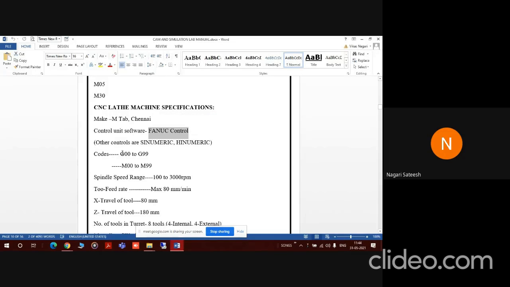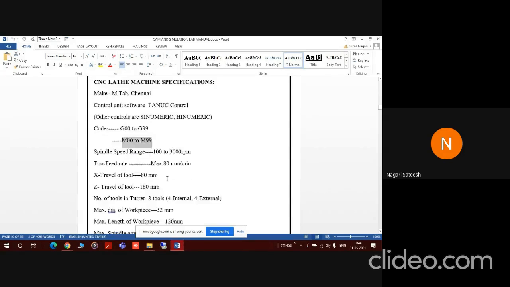I told you that there are motion control codes or preparatory codes. There are 100 codes, G00 to G99. Similarly, for machine control functions like spindle on, spindle off, coolant on, coolant off, tool change, door open, door close, we use the miscellaneous code M. Again, M also has 100 codes, M00 to M99.